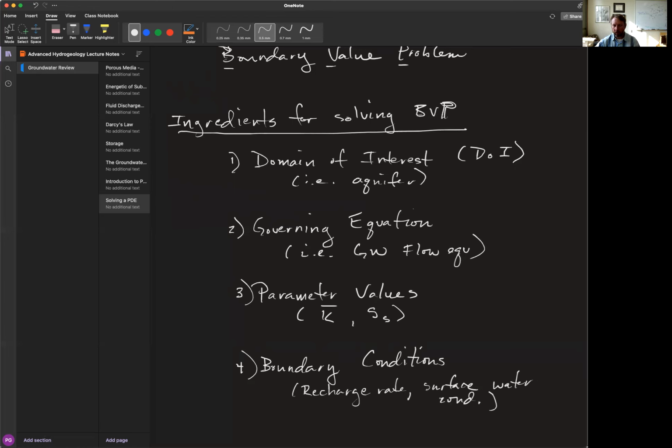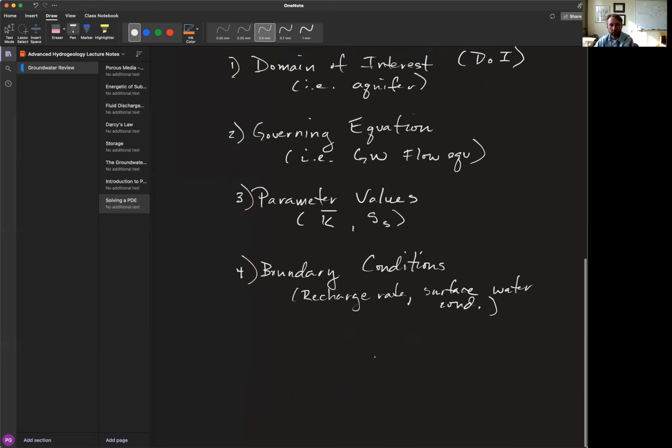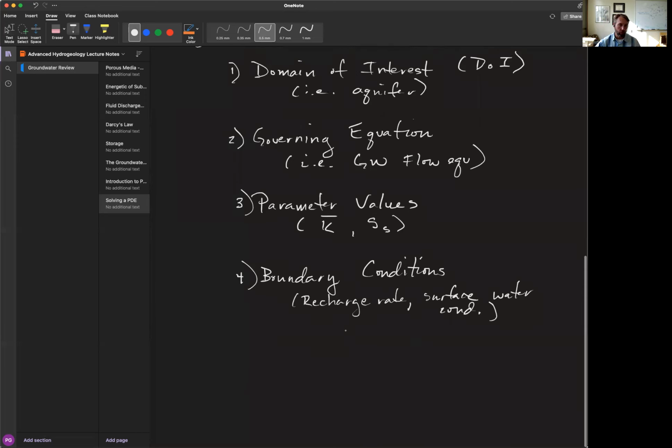All these things we may or may not know very well. For example, the recharge rate is pretty unknown. We don't know it very well, but it's a very important boundary condition.